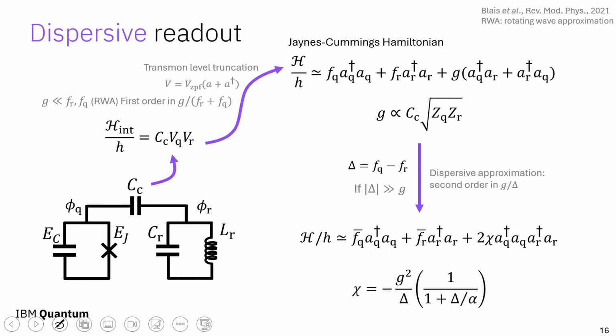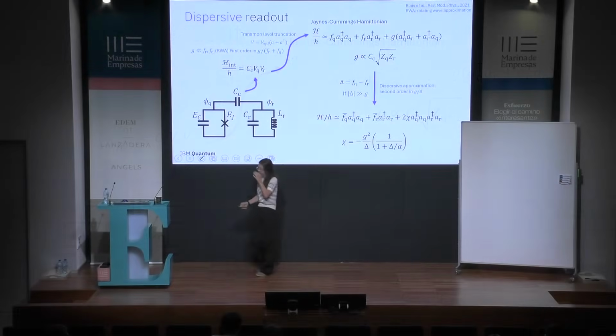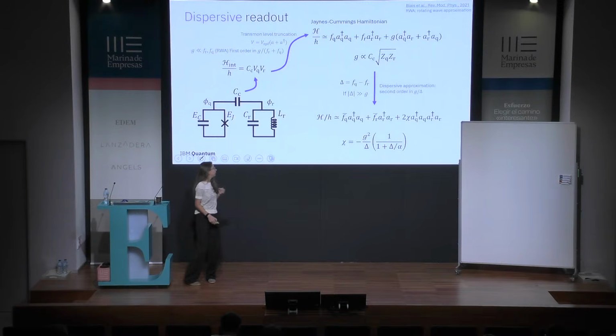So it's going to first order in that G over delta. And this is what one would typically do. It's really the title. So if you do that, your coupling term now changes shape, and it looks like this: 2 chi times the number operator in the qubit times the number operator in the resonator. And this depends directly on G and delta.